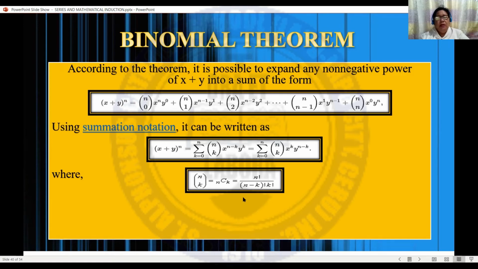This is the formula of combination when we had our discussion on permutation and combination.